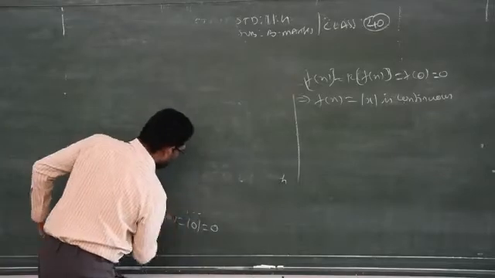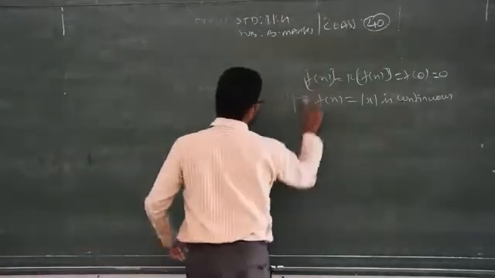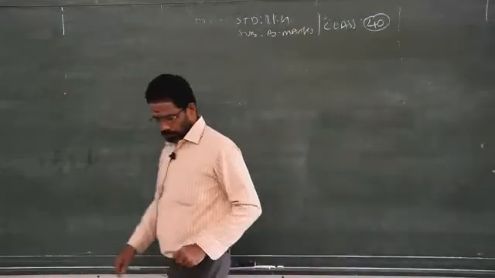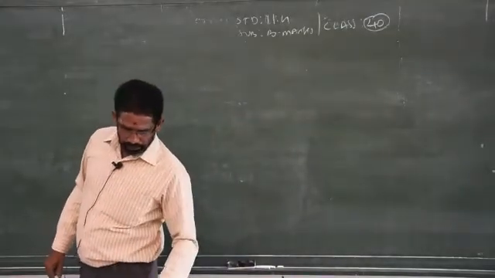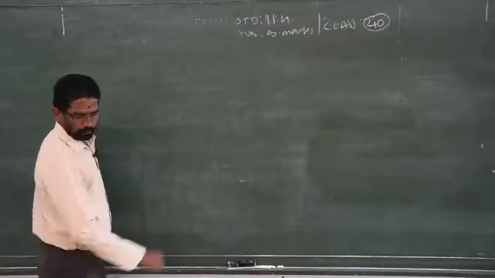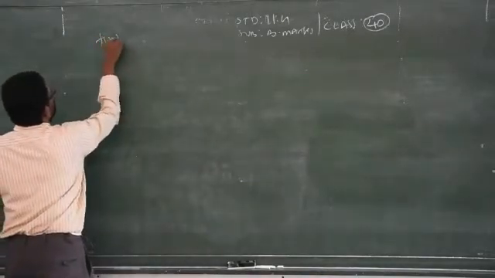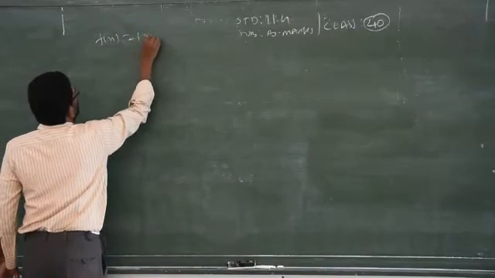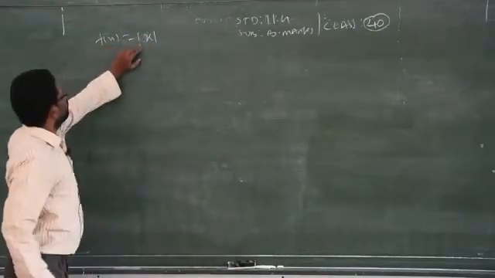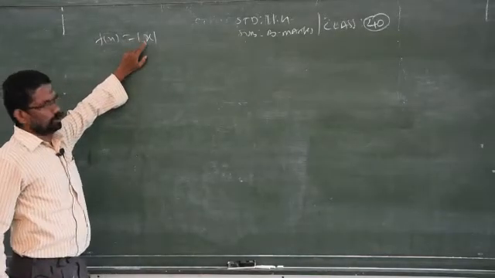Now some examples based on all continuous functions may not be differentiated at the given points. I don't know what the example number is in the new version. This is the old version, but I am writing to show that f of x is equal to modulus of x is not differentiable. Just now we proved f of x equal to modulus of x is continuous.